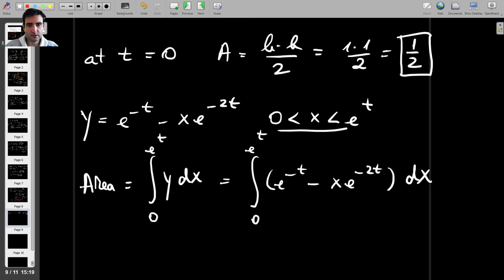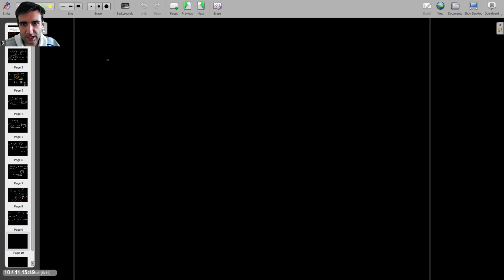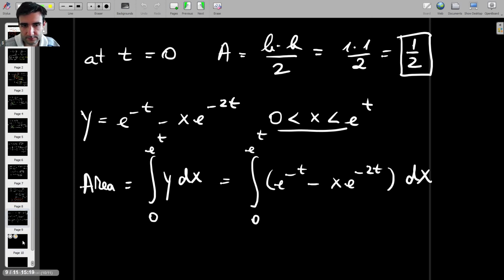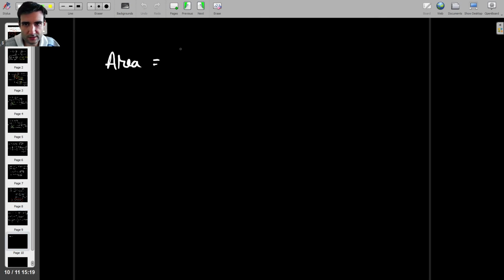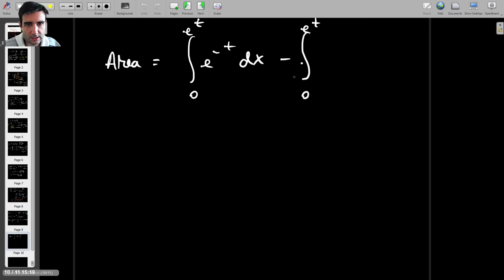Now I know t is time, which changes, but obviously this is done at a certain time, which means we treat t as a constant when we're integrating with respect to space, x. We can split this into two integrals, which might be easier: the integral from 0 to e to the t of e to the minus t dx, minus the integral from 0 to e to the power t of x e to the minus 2t dx.